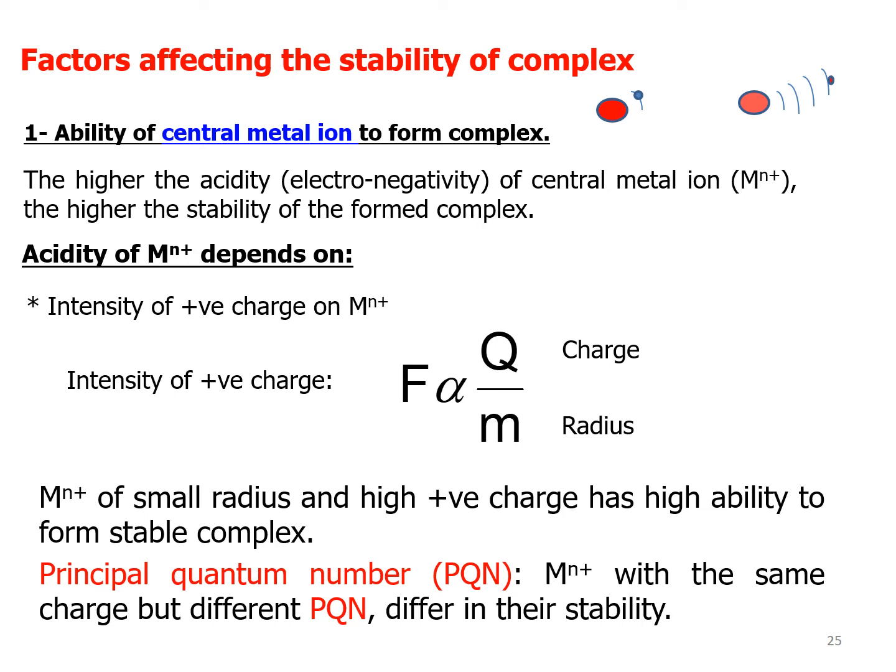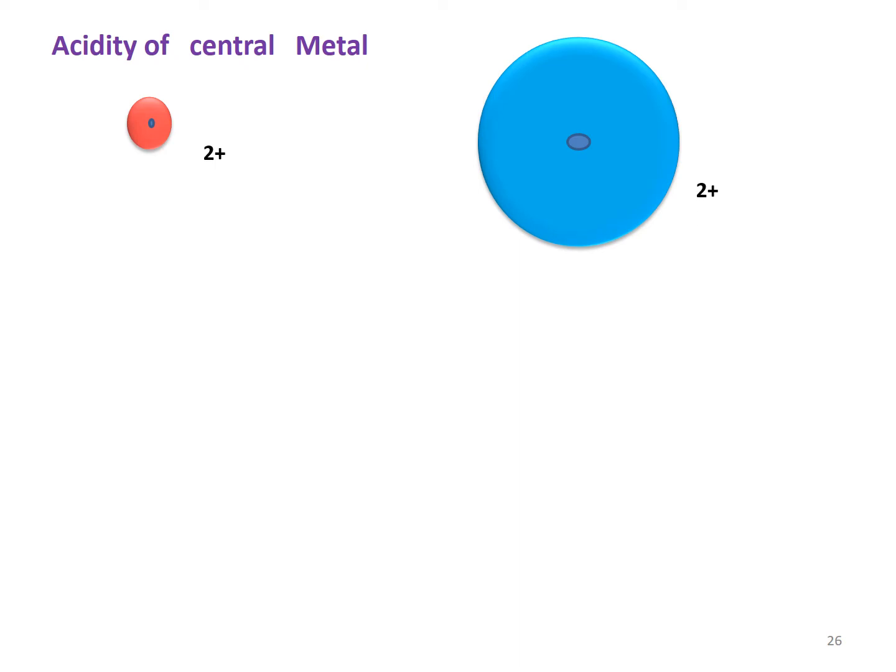Also, just for your information, the principal quantum number is a unique number that is present for each central metal ion. They differ also in stability, just to know this phrase as it is. Question: what do you think about the acidity of these two central metal ions having the same charge, but they differ in the size?